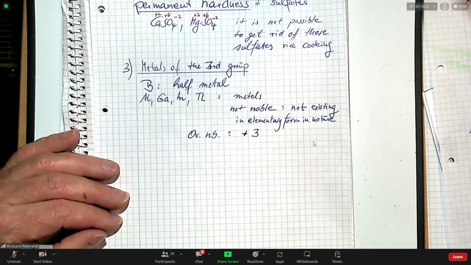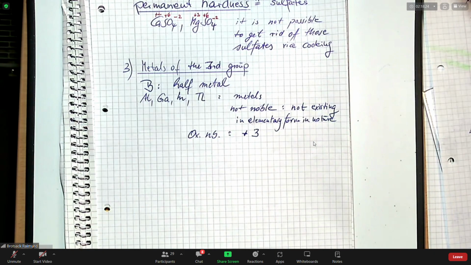Aluminium, we already had it. Normally, it will be oxidized to form aluminium oxides, but the aluminium oxide is coating the aluminium, and the oxidation number in the aluminium oxide is +3, so Al2O3.